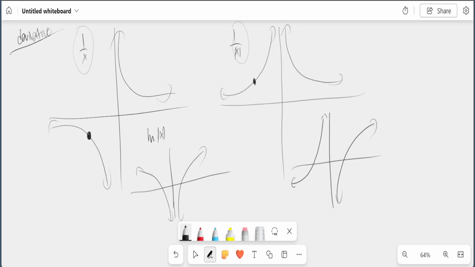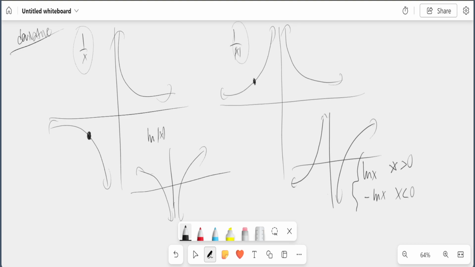This would be a completely different thing. You'd have to split it up. I don't think there's a single function that does this. The antiderivative is ln x if x is greater than 0, a piecewise function, basically. And then negative ln x if x is less than 0, because it would be flipped. Does that make sense? Yeah, that makes sense.